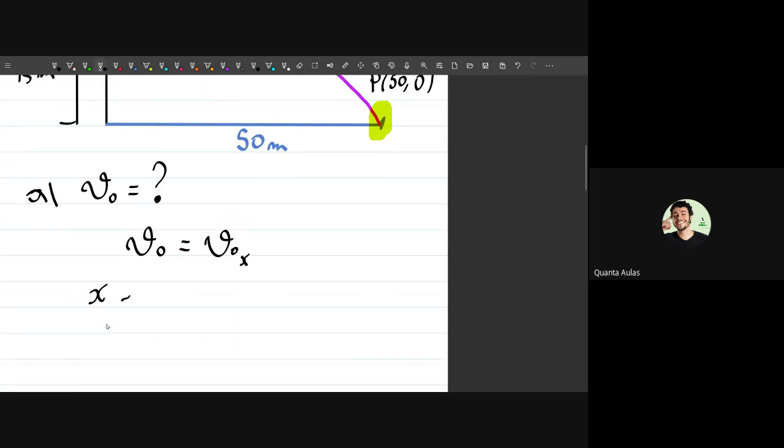So we have v0x times time. But again, we only have this 50. We don't have the time and the velocity. So we have a lot of unknowns here, a lot of things we don't know the value of. But here's our first equation.